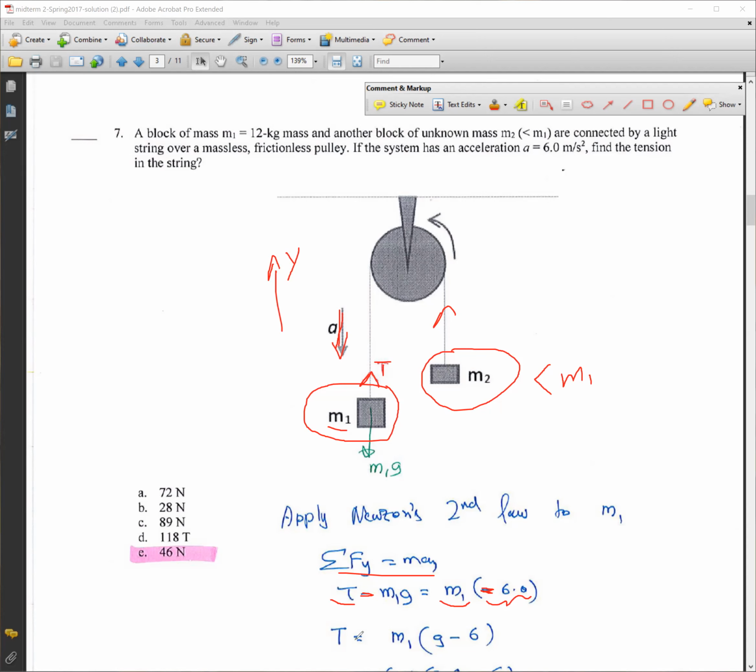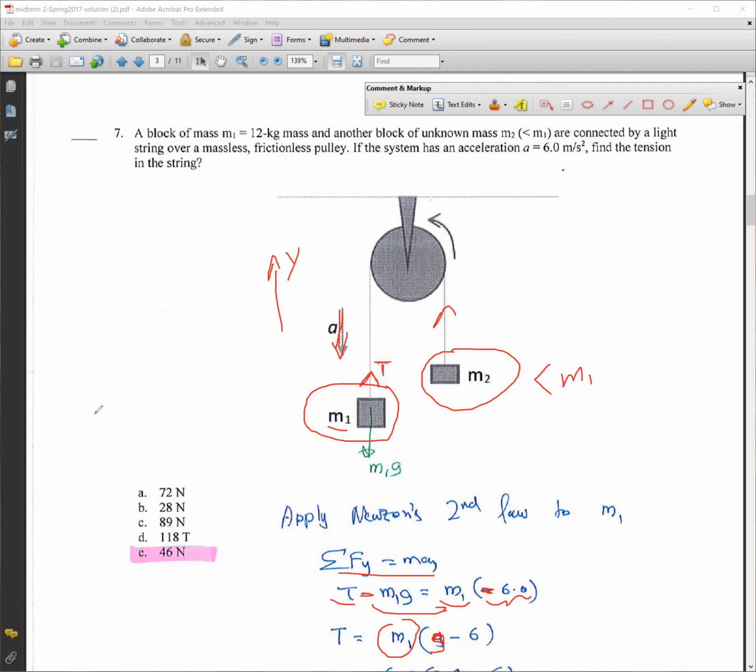Now all I have to do is take mg to the other side of the equation and then factor mass 1. So I end up with tension equal to M1 times, sorry, G, not 9, so this is gravitational acceleration, G, minus 6.